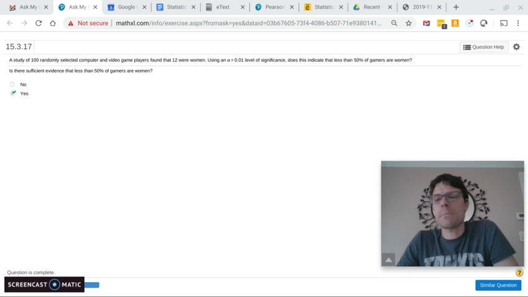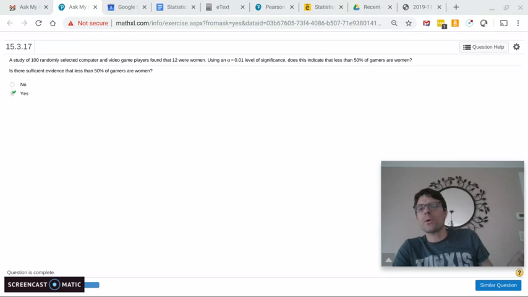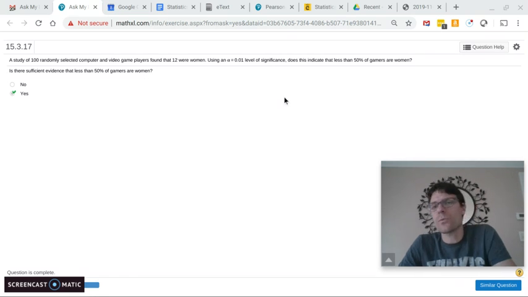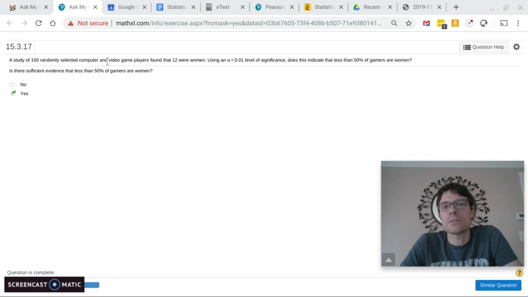Well, you think about a median being the point at which 50% of the data points are above and 50% of the data points are below. So in that scenario, if we're expecting a 50-50 proportion, just like if there was a median in the middle, we'd expect 50% of the people to be women and 50% of the people to be men.